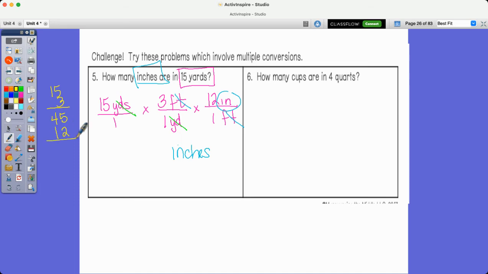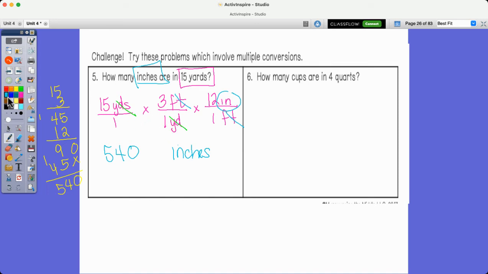And then 45 times 12 is 540 inches in 15 yards. That's how we do a multiple step conversion.